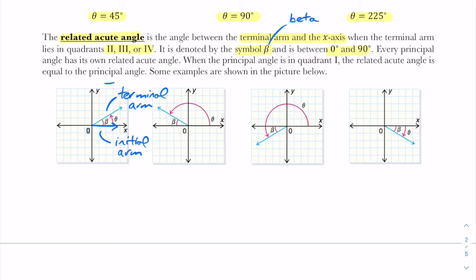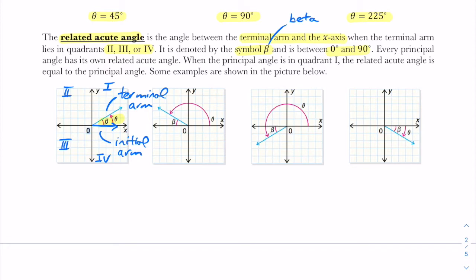So it's quadrant 1, quadrant 2, quadrant 3, and quadrant 4. Because the terminal arm is in quadrant 1, the related acute angle is the angle between the terminal arm and the x-axis. And you can see in this case, both the principal angle, theta, and the related acute angle, beta, are the exact same thing.